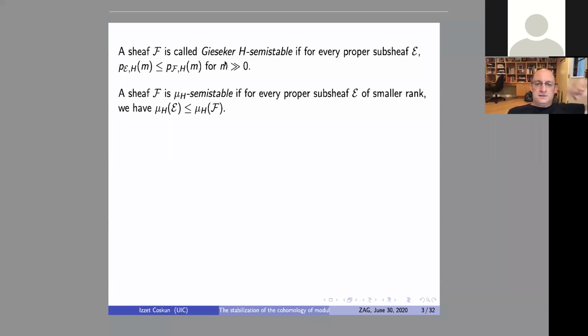And this will come up, so let me also say it, and then you call a sheaf slope semi-stable, mu H semi-stable, or H slope semi-stable, if every proper subsheaf of smaller rank has slope less than or equal to. And I should say that if the inequalities here are strict for every subsheaf, then you call it stable.